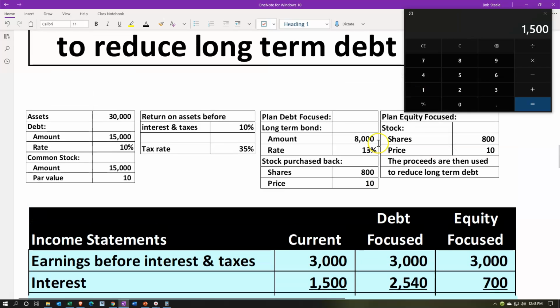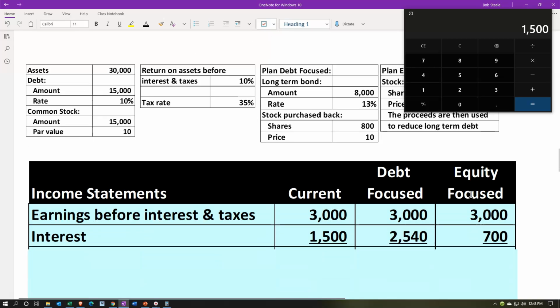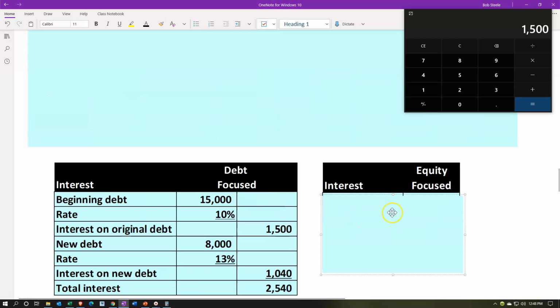And then on the equity-related plan, we're going to issue stock. We're going to take $8,000 because we're going to issue the stock at $10, and we're going to use that to pay down the current debt we have on the books, which was this 15,000, which will lower the amount of interest. So let's take a look at that calculation real quick.